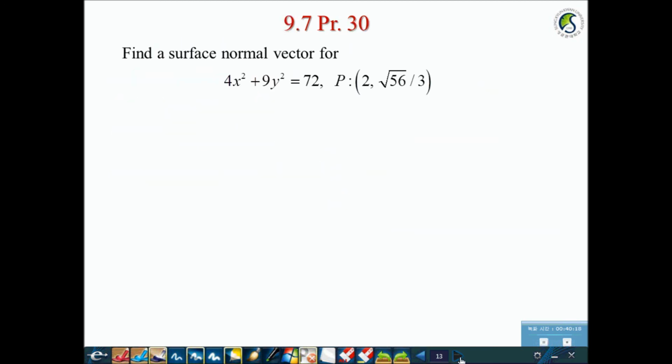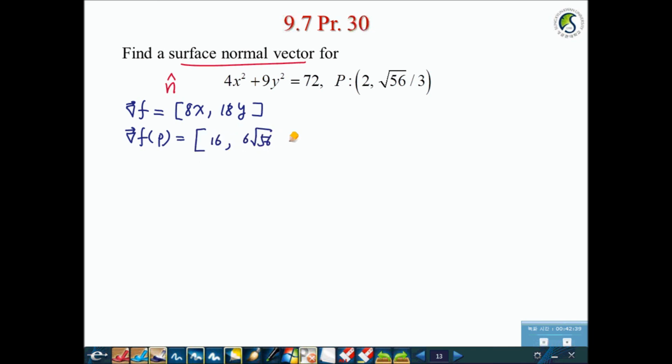Continue on problem 30. Find the surface normal. I'm going to solve it. The gradient del f is 8x, 18y. Del f of P is 16, 6 over 56, like that.